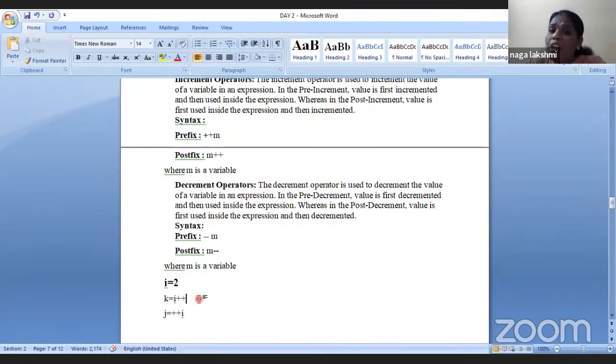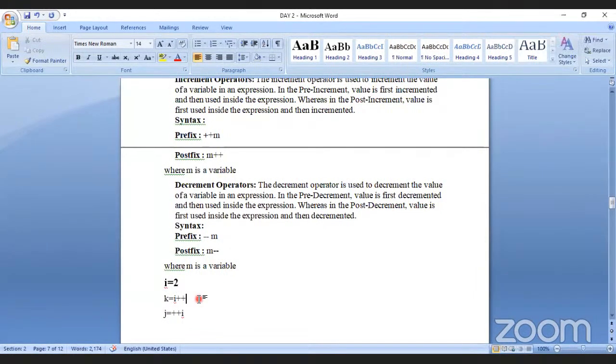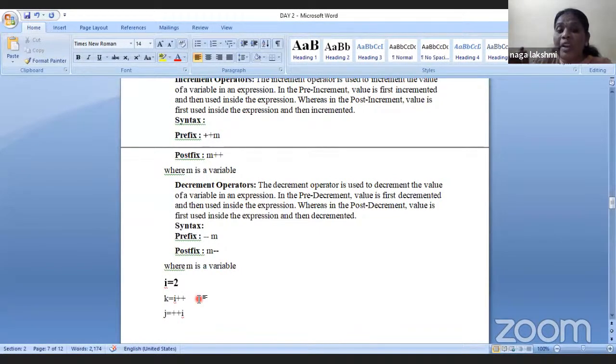What is the current value held by I? 2, ma'am. So post increment means first it will display the value of I, which is 2. When I print k, only the value 2 will be displayed. After displaying that, it is going to increment its value by 1. Later the value of I becomes 3.